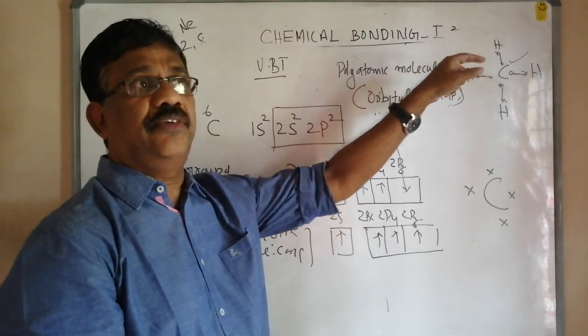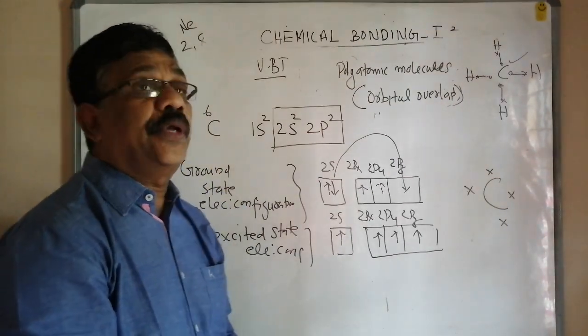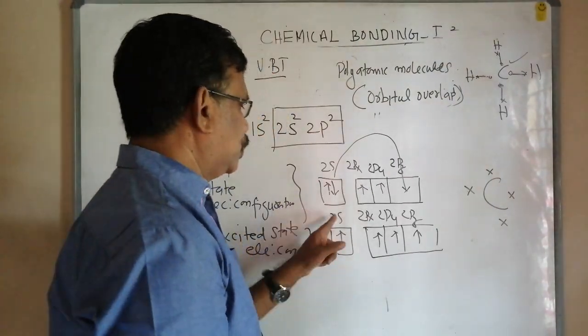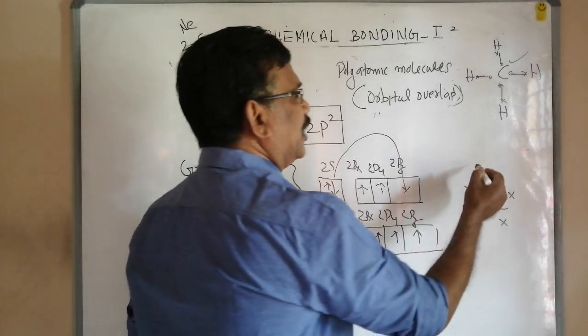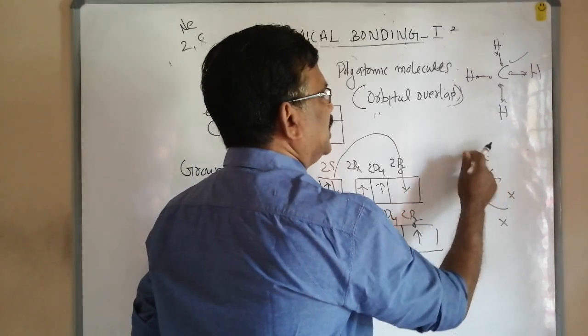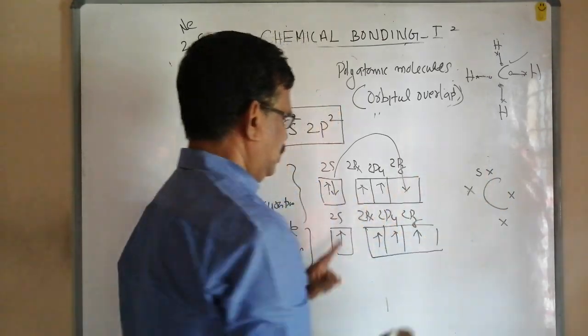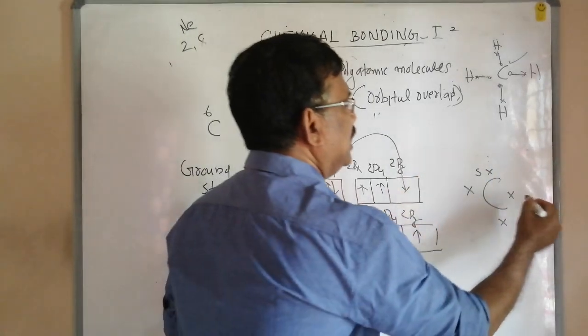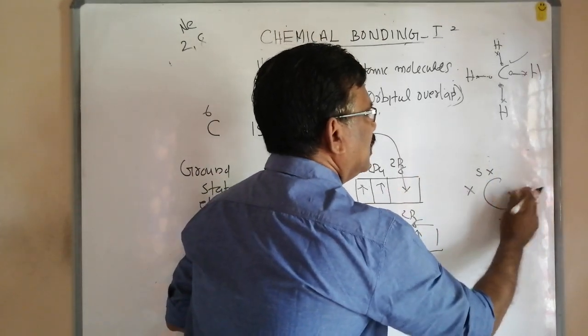So we can again discuss the formation of methane. 4 H atoms are approaching. One electron is present in the 2s orbital, and 1 electron is present in the 2px orbital.